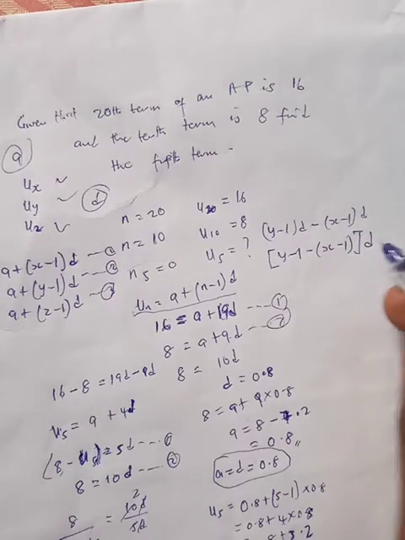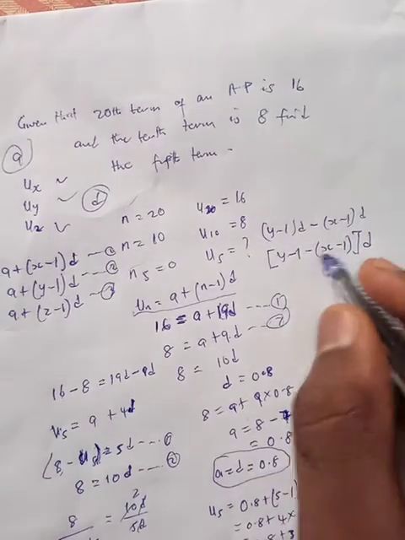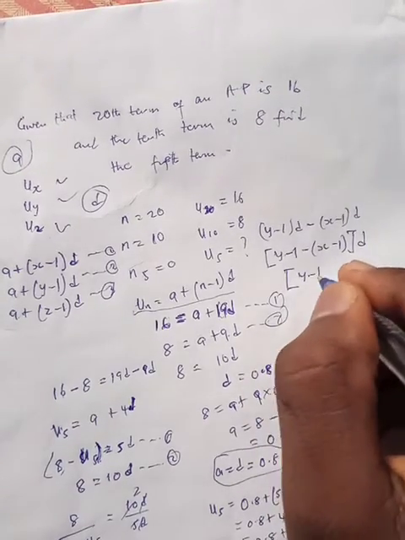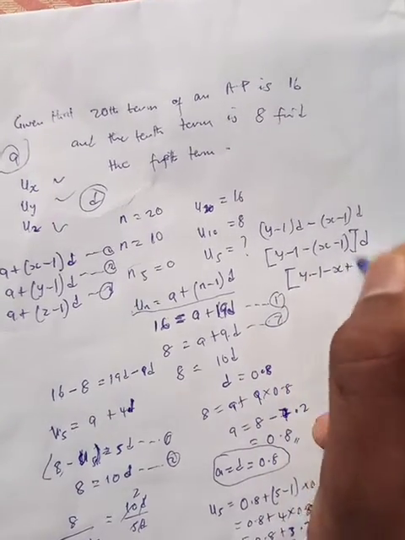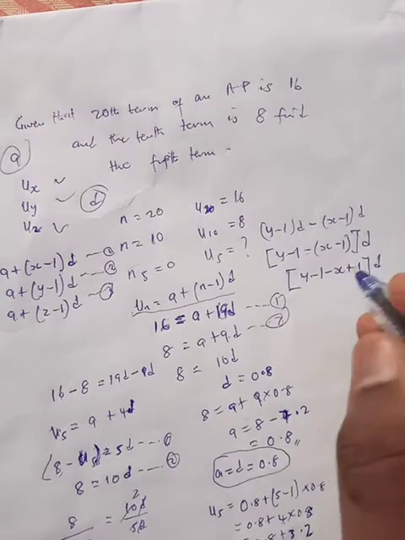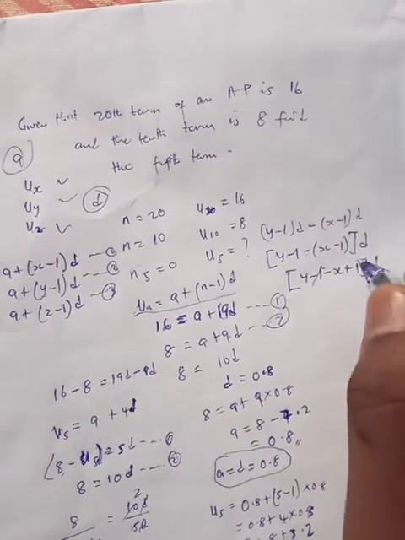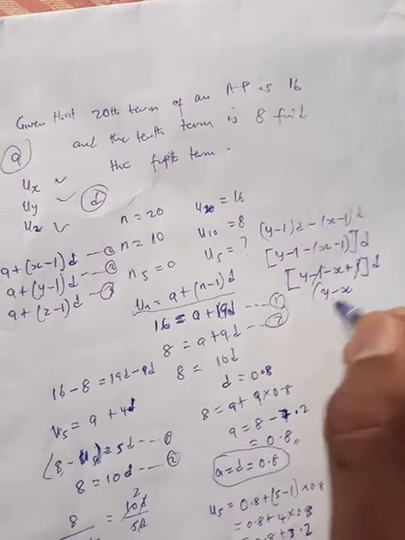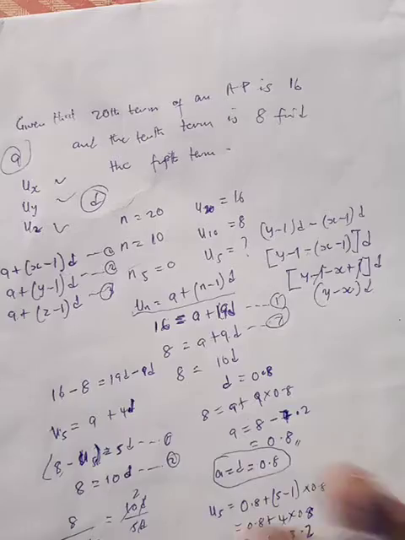Opening the bracket, you will have y minus 1 minus x plus 1, then multiplying by d. So the minus 1 will go with the plus 1, leaving (y minus x) d.